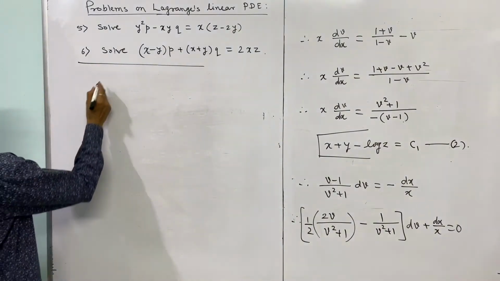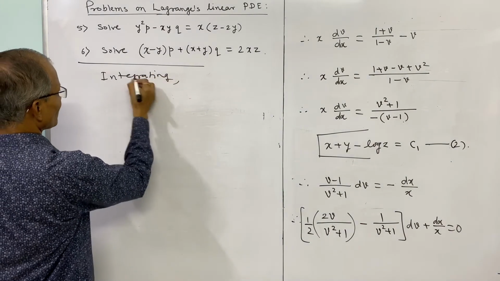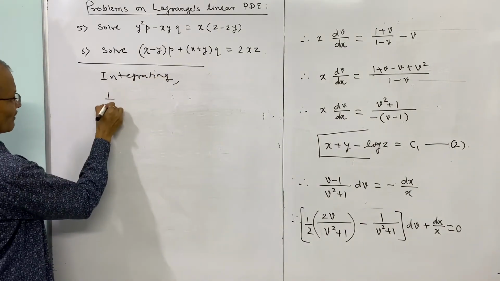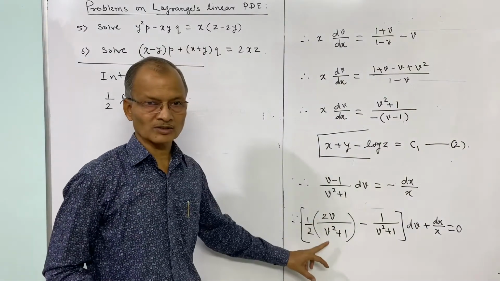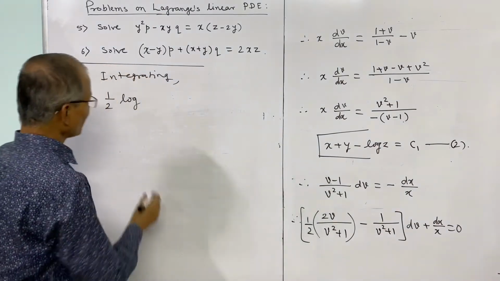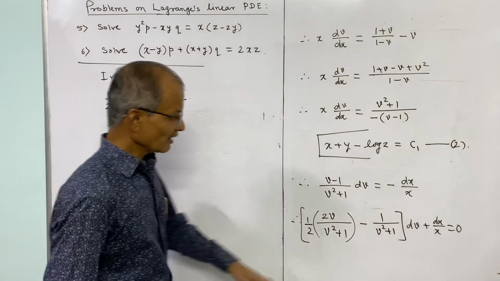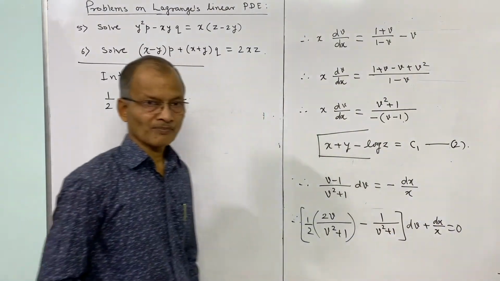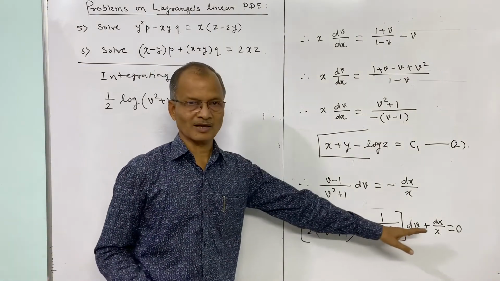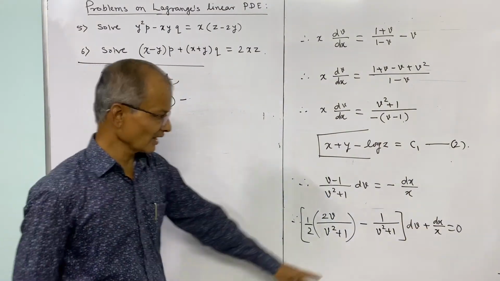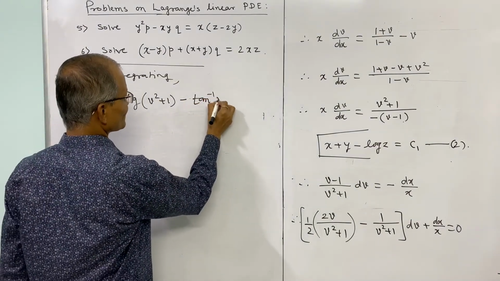Integrating, what we get is half log of the denominator, since the derivative of the denominator is in the numerator: log of v square plus 1, minus the integration of 1 upon 1 plus v square. The integration of 1 upon 1 plus x square into dx we know is tan inverse x, and here it is tan inverse v.